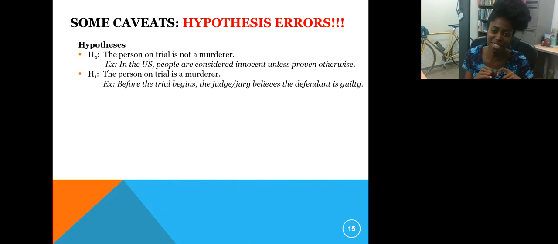And then our research hypothesis, the reason why we are in this courtroom, is that the person on trial is a murderer, and we're going to prove that. So before the trial begins, the judge, the jury, everybody already believes that the defendant is guilty. A lot of times we know that that is what we see in our justice system, but we go on trial and hope for the best.